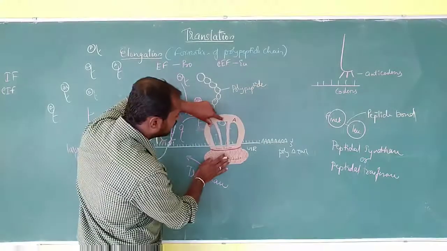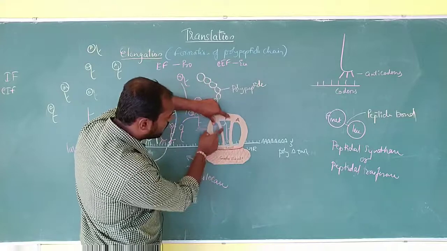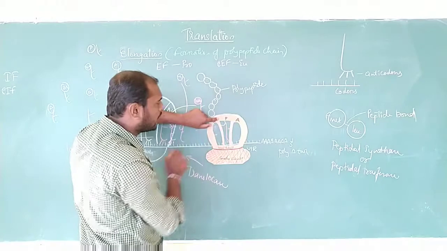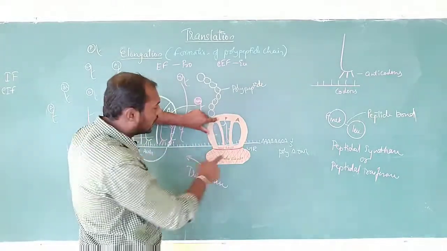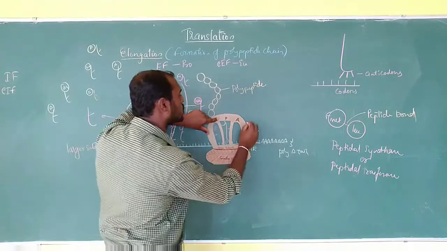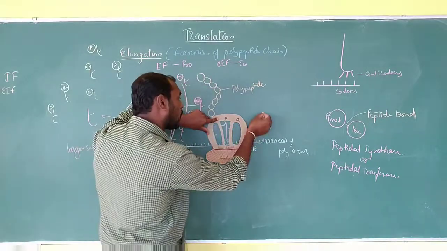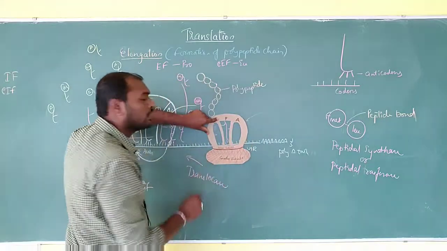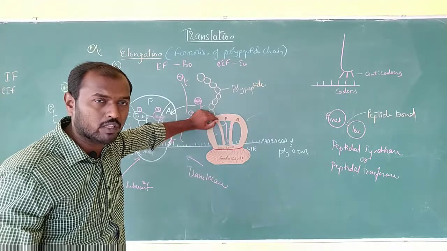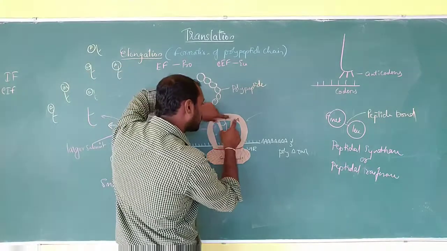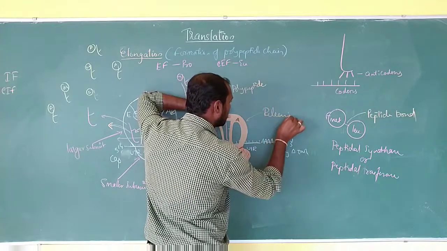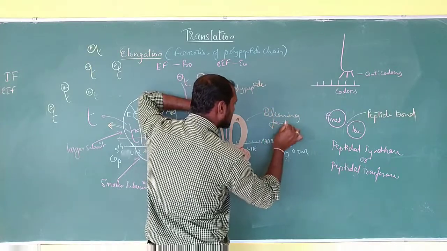So now consider that it reaches the stop codon. This is the last amino acid, which is bound to the tRNA in the P site. Now we reach the stop codon. Understand that the stop codon has now come to the A site. As soon as the stop codon arrives, the stop codon is not going to code for any kind of amino acid. We know that very well. So now what accumulates here are releasing factors.